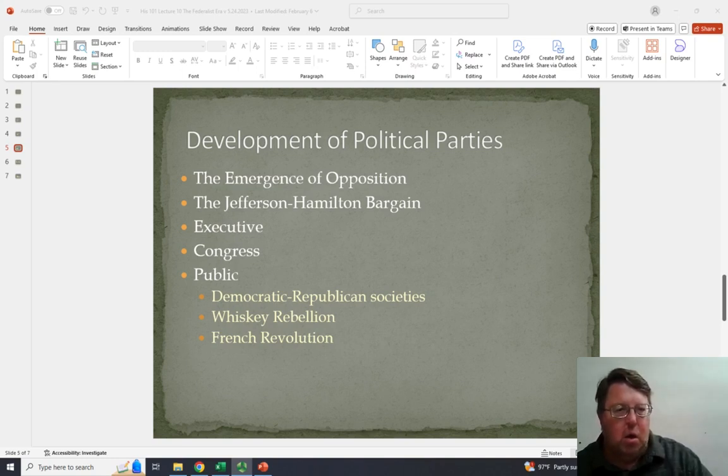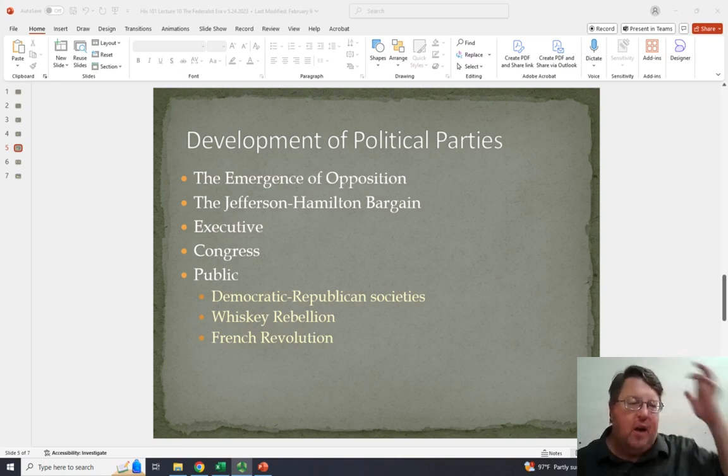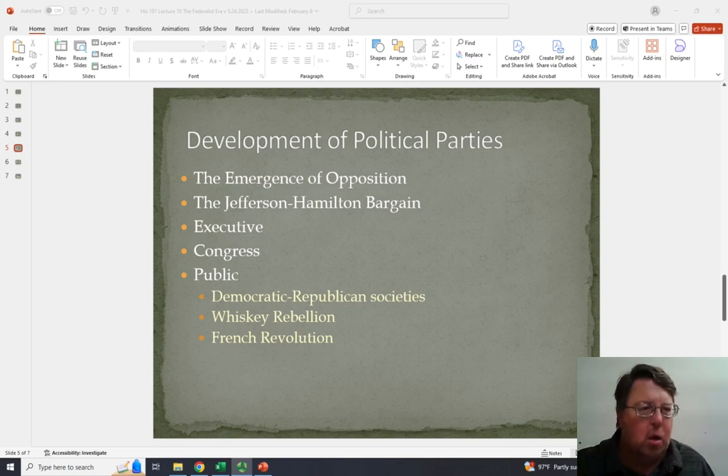People start dividing up. In newspaper editorials, regular people start dividing up over Hamilton's economic policies. For Federalists, Hamilton's policy is a godsend. It's exactly what we need to get the country going again. For opponents of ratification of the U.S. Constitution, it proves them right. We were right. The U.S. government is going to become tyrannical, oppressive, subvert the states, subvert the will of the people.